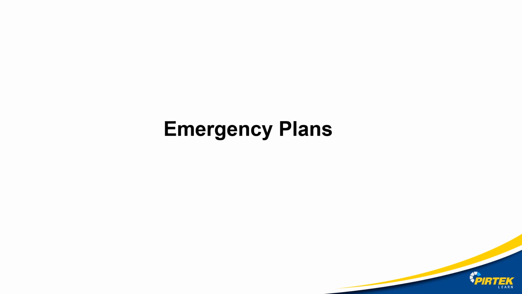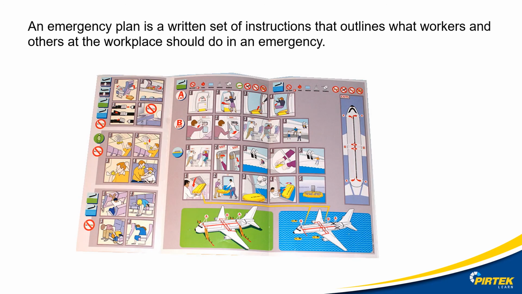Emergency plans. An emergency plan is basically a set of instructions that tells workers in the workplace what to do in the event of an emergency. Emergency plans are not just found in workplaces. We see an emergency evacuation plan in an aeroplane.